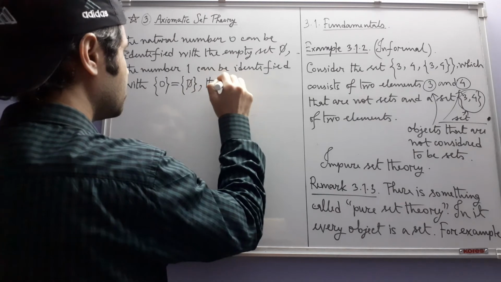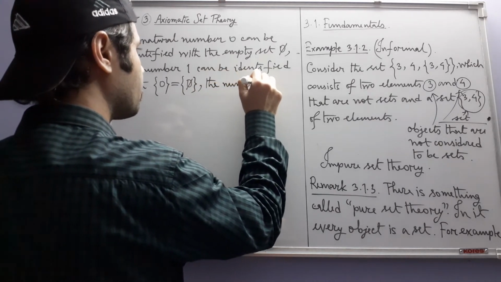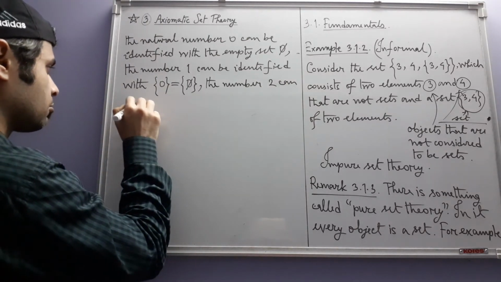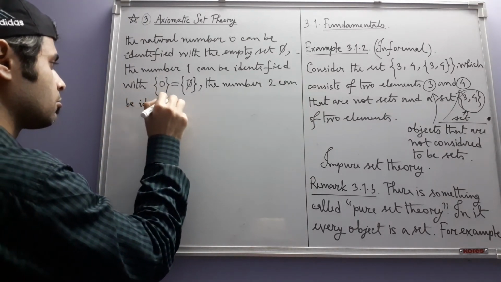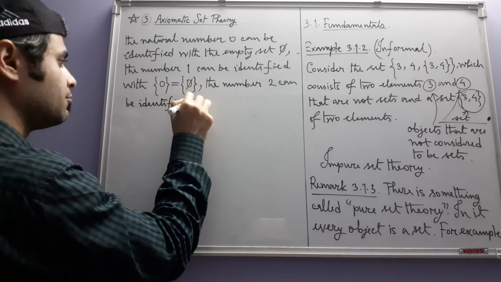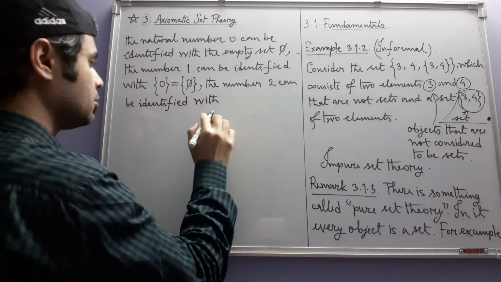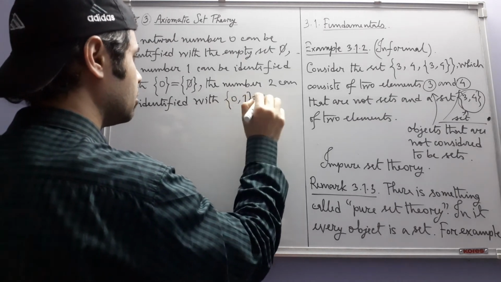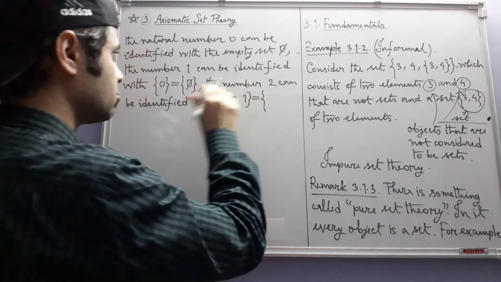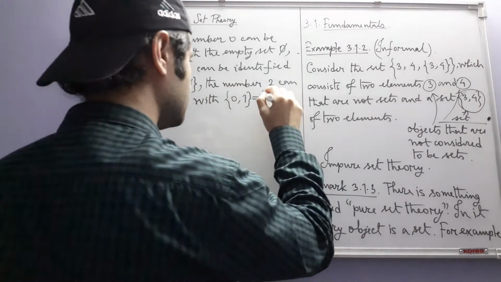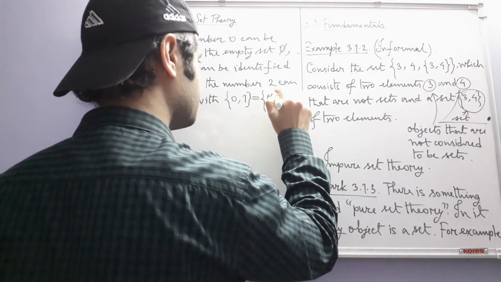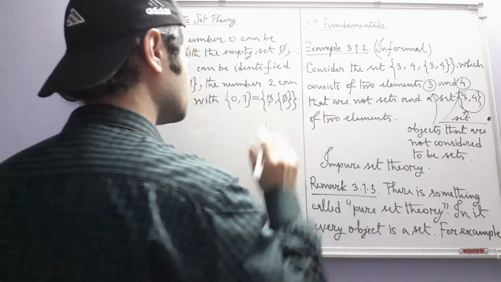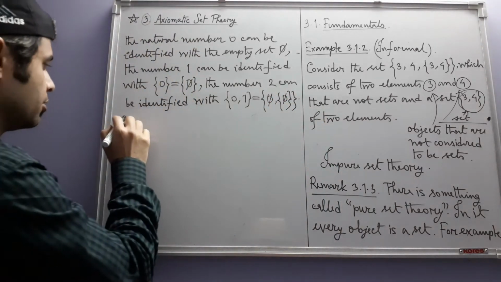The number 2 can be identified with this set {0, 1}, which according to the way we are identifying things, turns out to be this set. Okay, and so on.